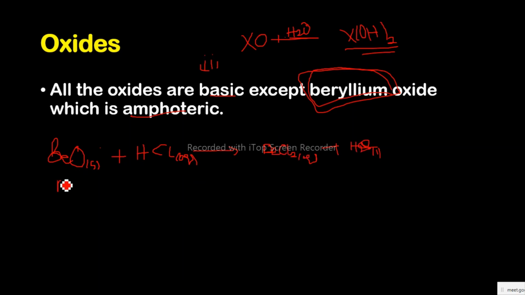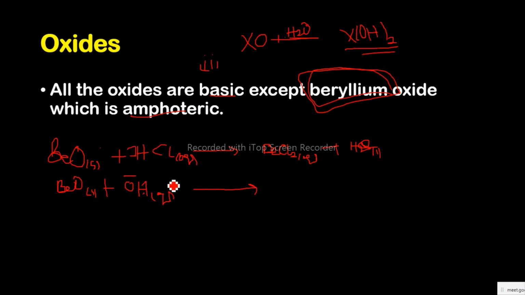Because it is reacting with an acid to form a salt and water, but at the same time the same oxide can react with a base. The solid can react with a base, maybe OH, it could be sodium hydroxide. If you are to balance, we just put a 2 here to be balanced. And then what do we form?